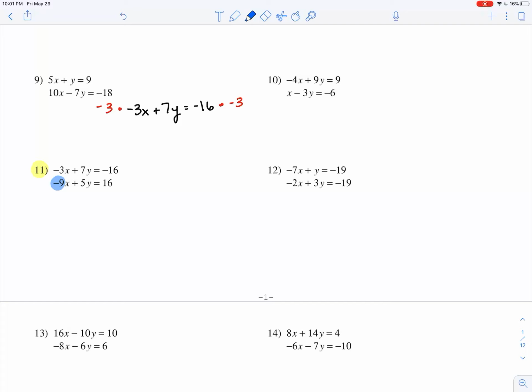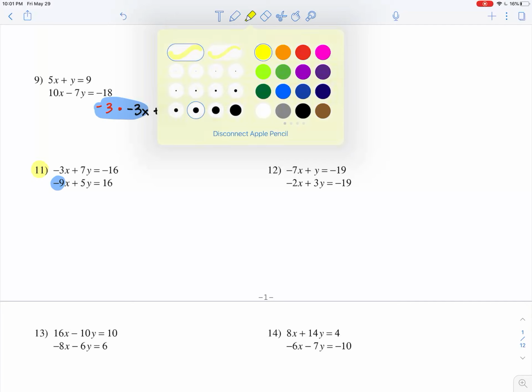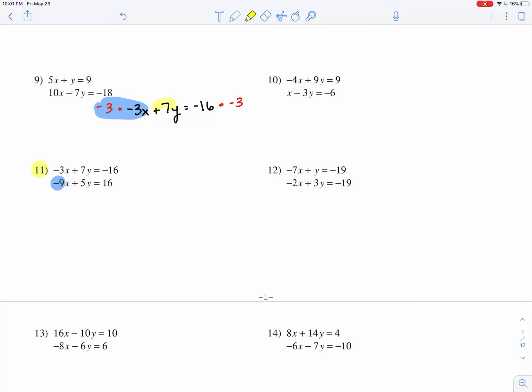I cannot just multiply -3x times -3, because I'm multiplying the right side of my equation by -3. I also need to multiply the left side of my equation by -3. And is -3x the only thing on the left side? No, it is not. I need to multiply this 7y times -3 as well.